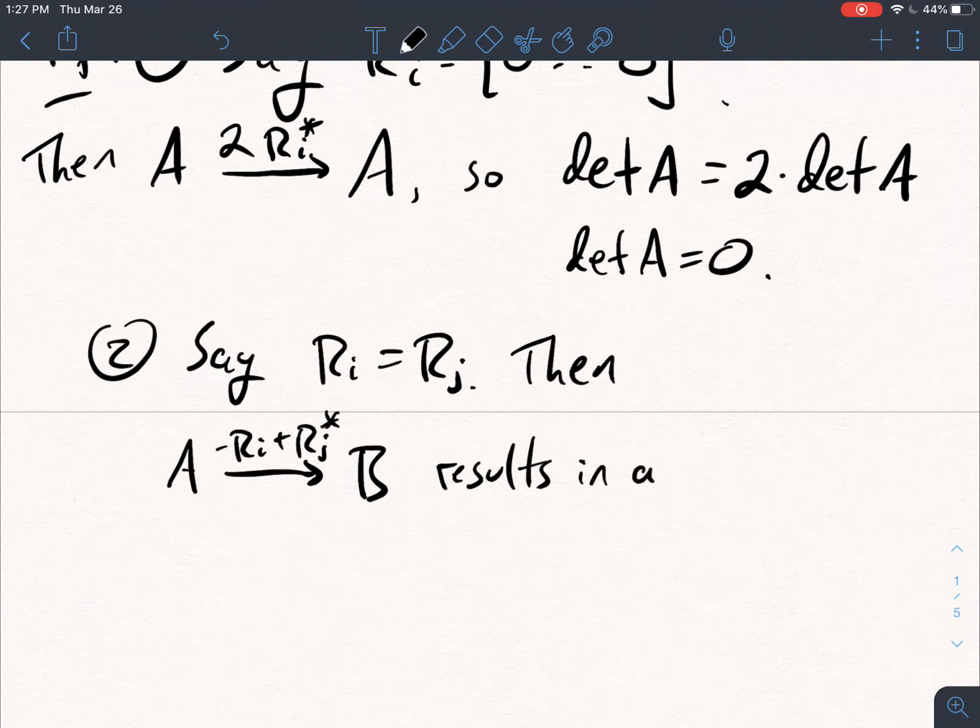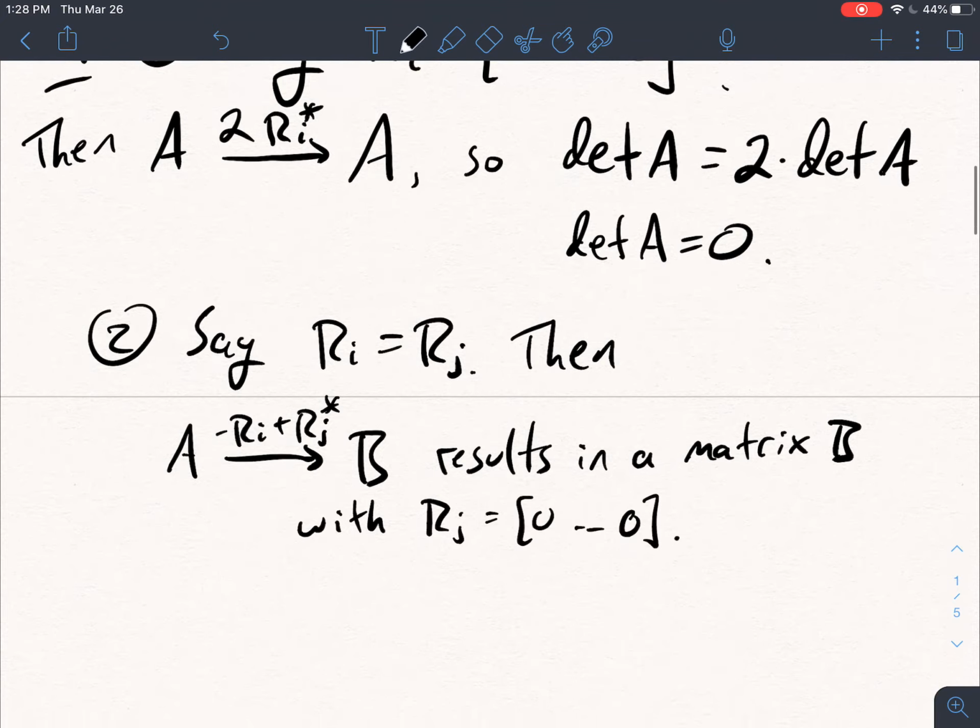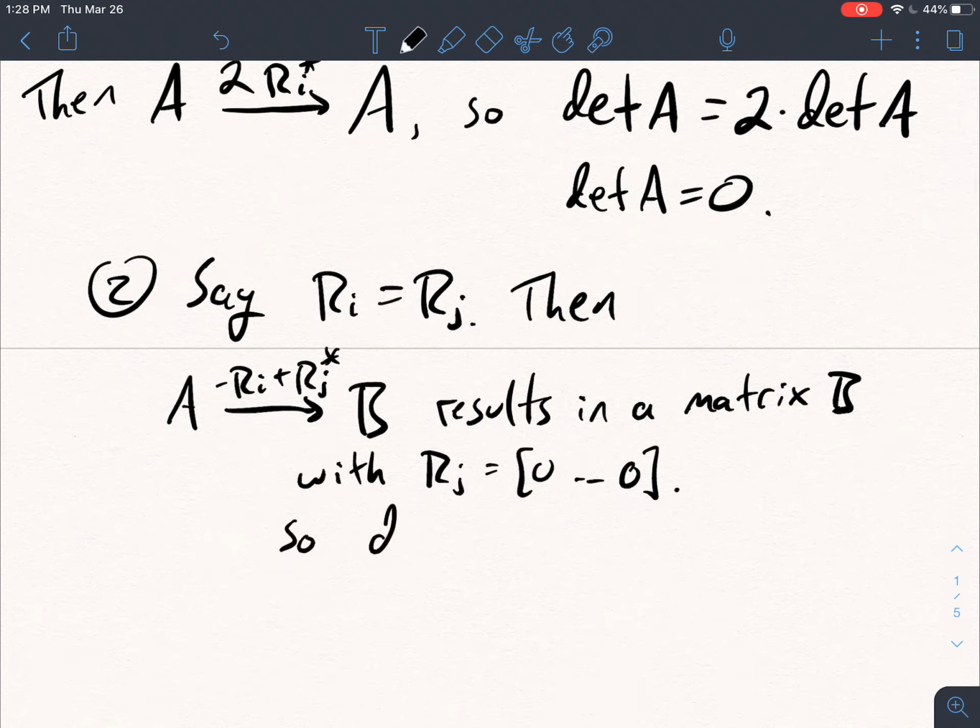So this row reduction results in a matrix B with B's row j just a row of zeros. So the determinant of B is equal to 0.